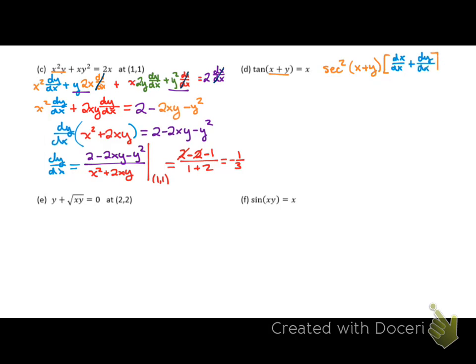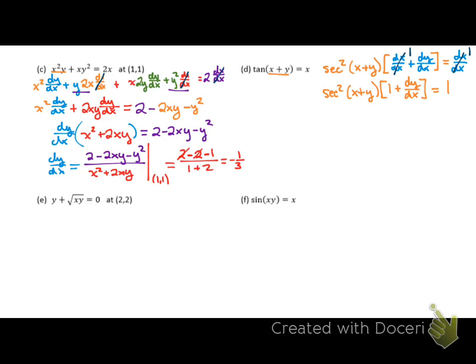And that equals the derivative of x, which is dx/dx. Now this is why, when we cancel these, those become 1s. Because we really have secant squared of x plus y times 1 plus dy/dx equal to 1. Now, there's a couple ways I can do this.